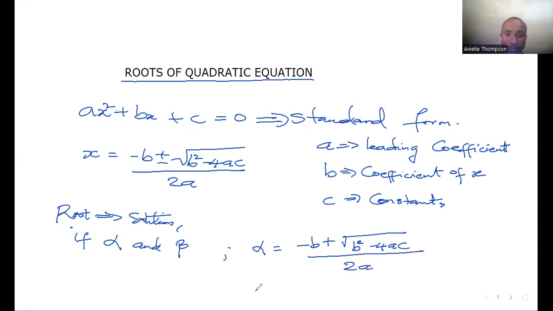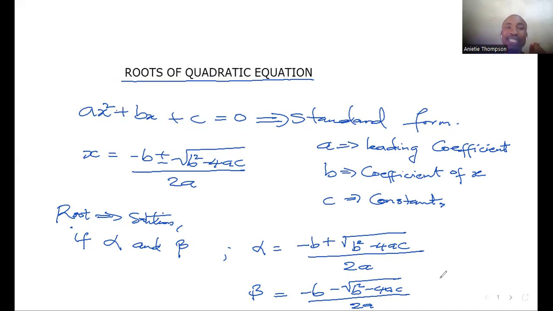And then I can write beta as minus b, this time using minus the square root of b squared minus 4ac, all over 2a. So these two, alpha and beta, can be called the solutions of this quadratic equation, because it is in two ways, the plus and the minus way.